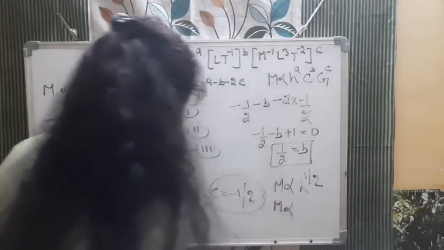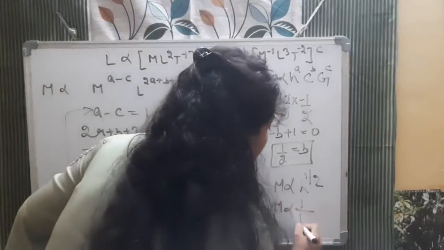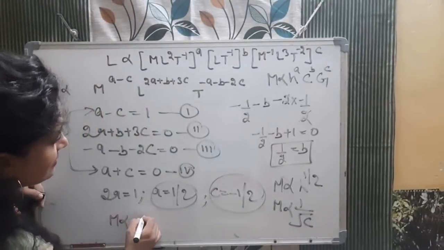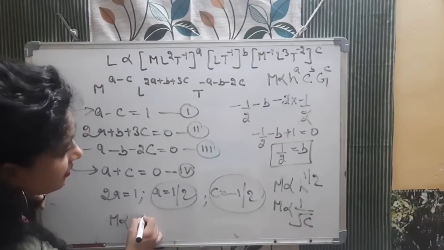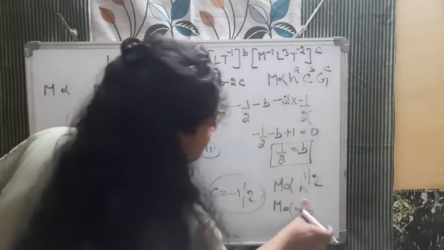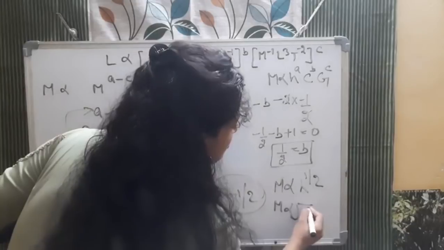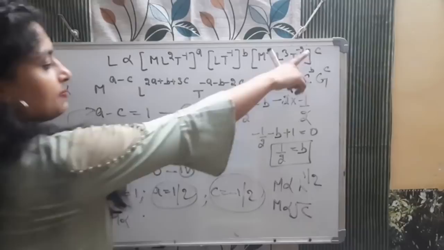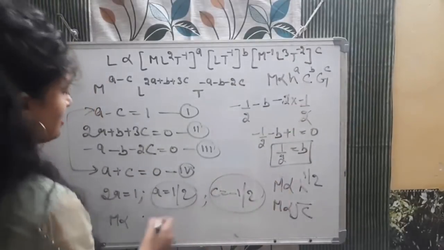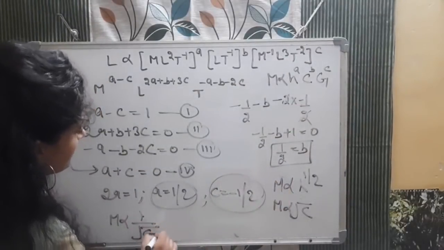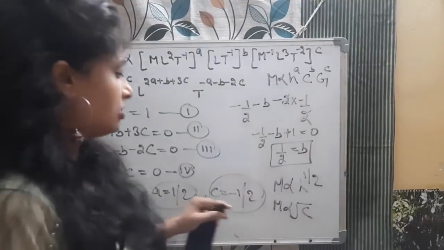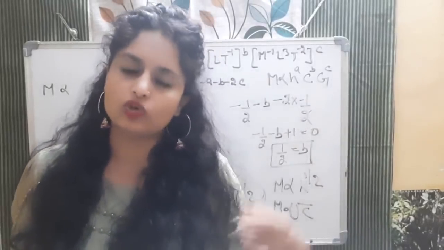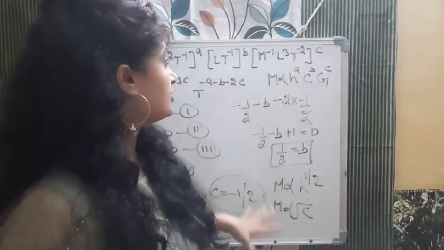M is directly proportional to C raised to the power B. Yes, B is 1 by 2. So this will be under root C. Under root H, under root C, and M directly proportional to capital G raised to the power C, and what we got, C is equal to minus 1 by 2. So it is 1 by under root G. So these three options for M and those options for L. Now it depends on the multiple choice options that are given to you, whichever option is correct, just take that, and this was the method to solve.